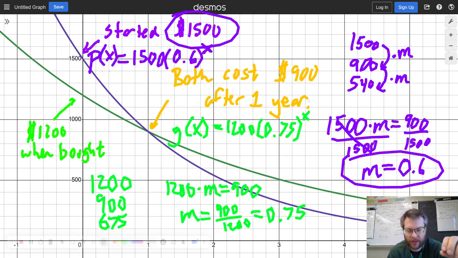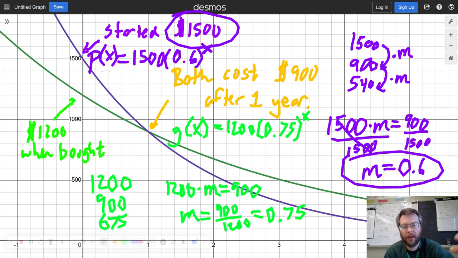Now I want you to think about this. This is a really key important concept. If you have an exponential function, you're always multiplying by a certain number, over and over, multiplying by the same number. So what number can you multiply by that keeps the value the same? The number that multiplies to keep the value the same is the number 1. If you multiply by the number 1, it stays the same. So we're not actually thinking about how big or how small our multiplier is.